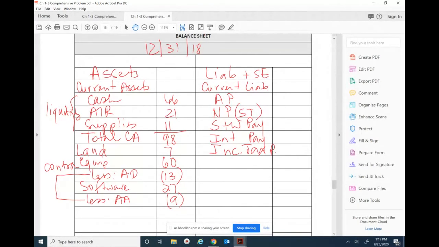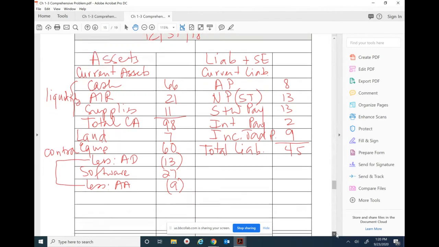So the word payable tells me it's a liability. So accounts payable are 8, notes payable 13, salaries and wages payable 13, interest payable 2, income tax payable 9. These are my total current liabilities, but they're also my total liabilities because I don't have any long-term liabilities. So when I total them up, 8 plus 13, 13, 2, and 9, I have $45 in liabilities.